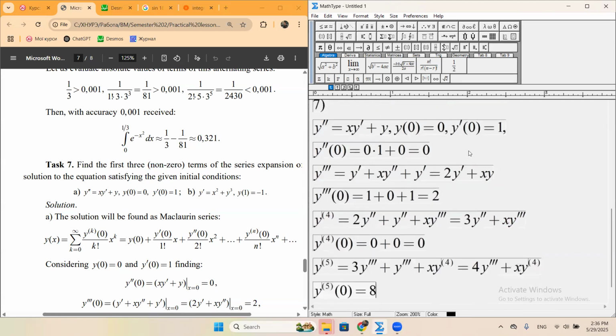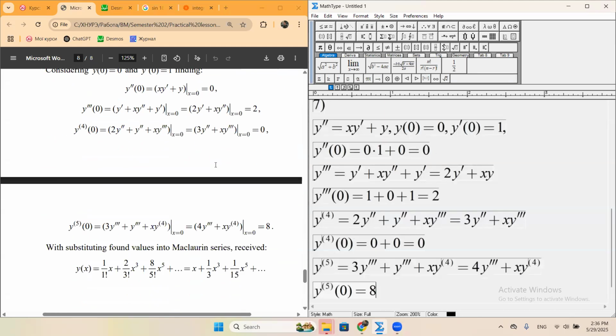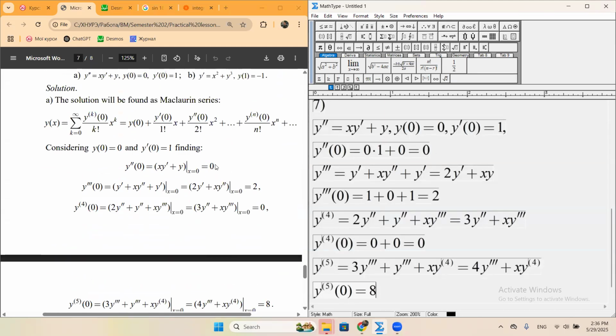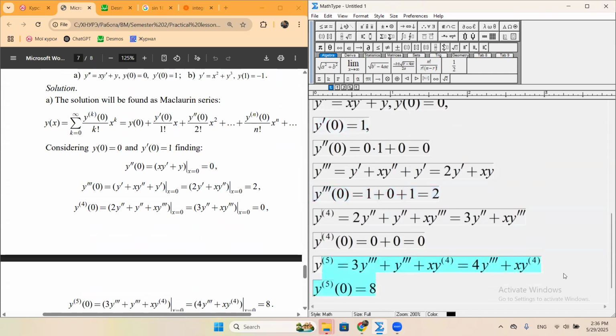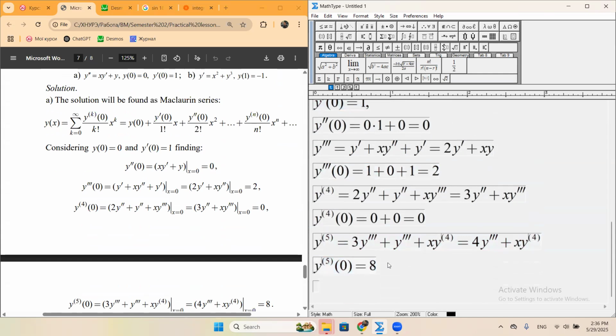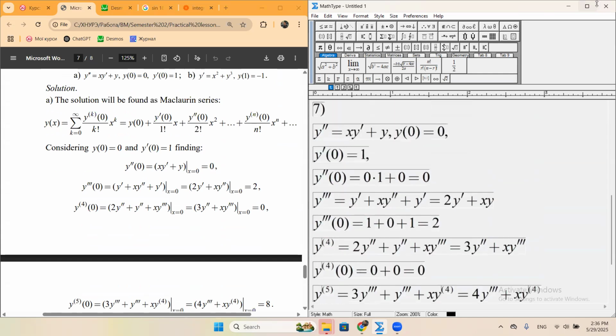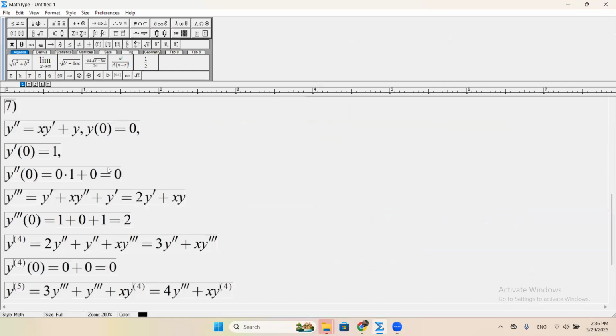So we have the first three terms: 1, 2, and 3. So three terms. And now we will use the Maclaurin series.